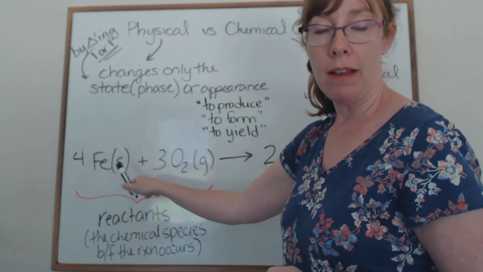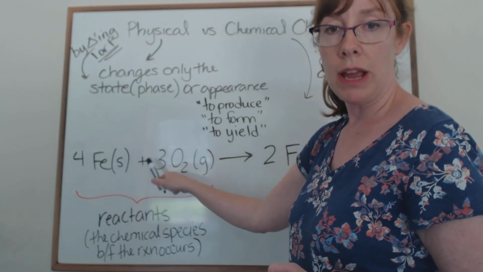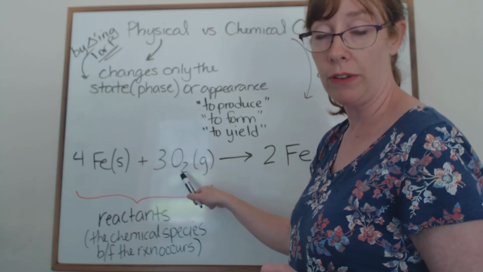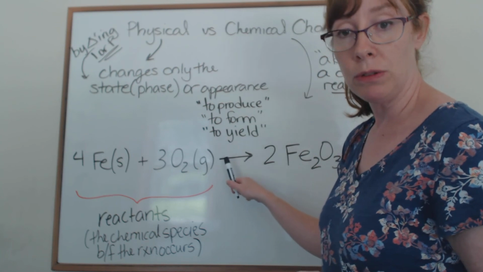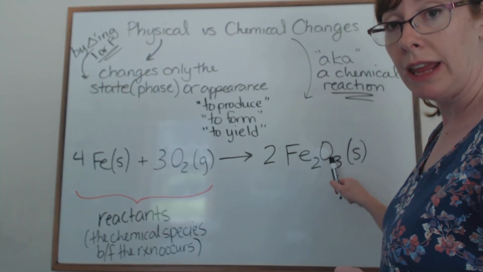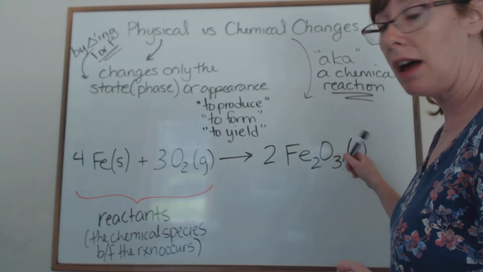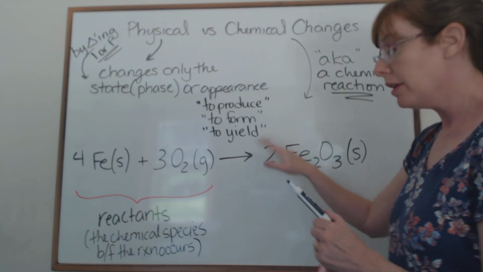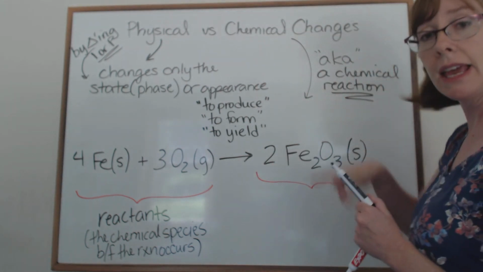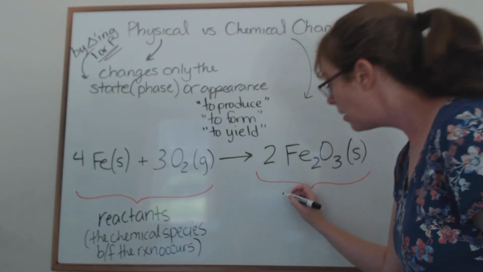So 4 iron solid reacts with 3 oxygen, or you could say O2 for now, gas, to produce 2 Fe2O3. We'll learn how to name it in due time, solid. Now, on the other side, in this case, there's only one product species.